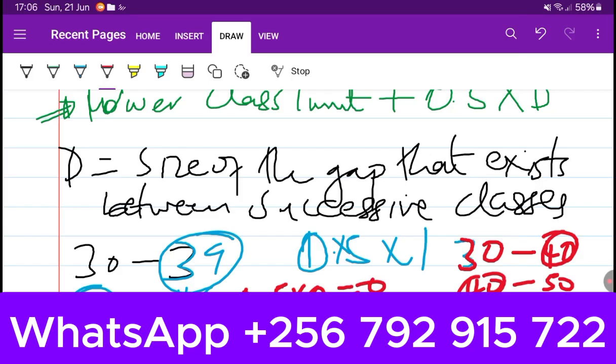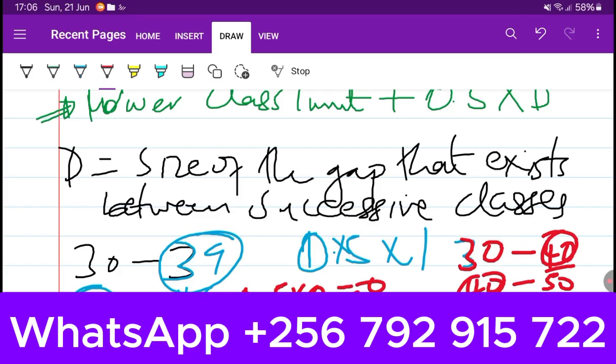That's why we take these to be the class boundaries, and at the same time they are the class limits. Ideally, if the data entries are integers, we can subtract a 0.5 from the lower limit to find the lower class boundary, and add a 0.5 to the upper class limit.